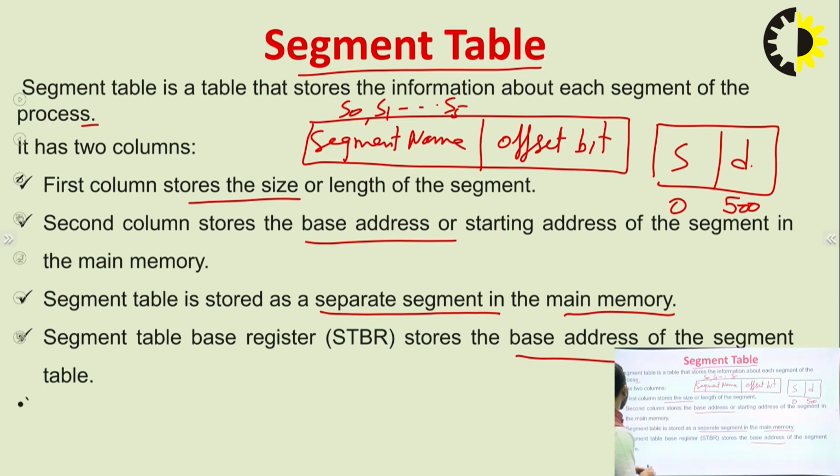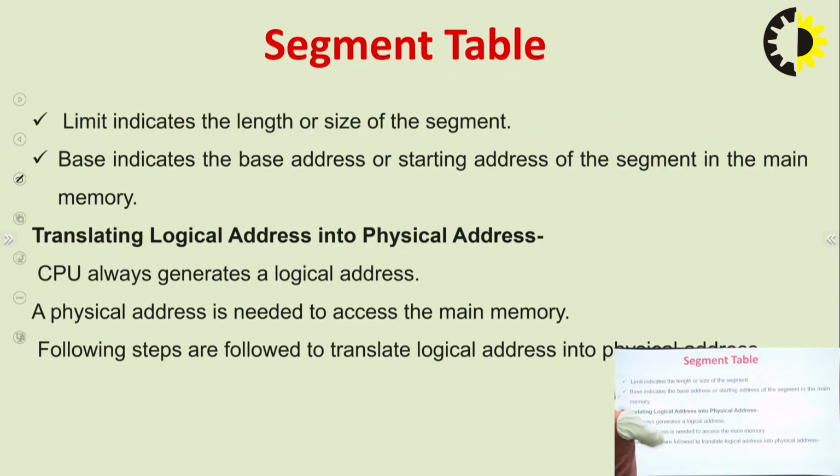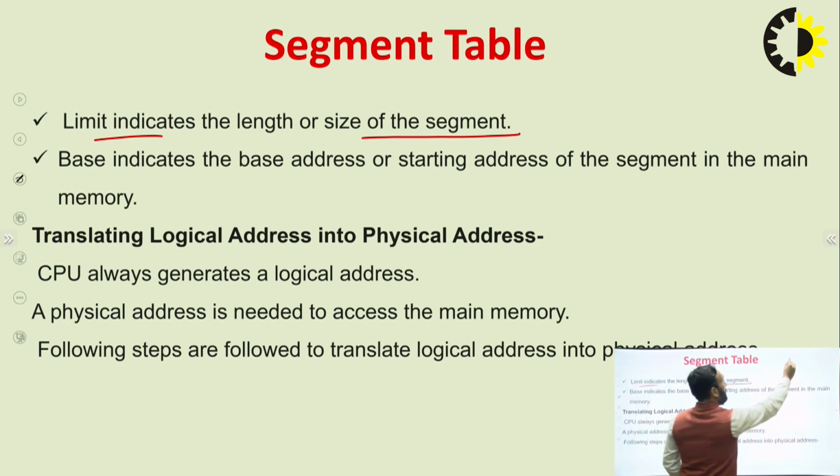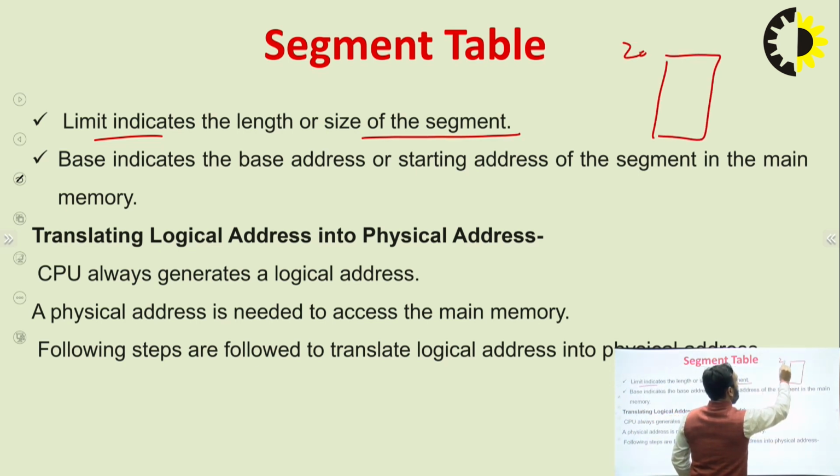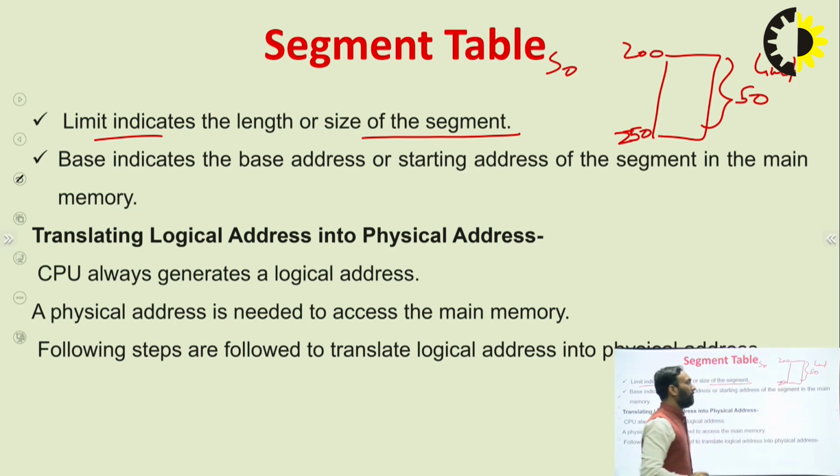Now we have an example of the same. As I said in the previous slide, the limit indicates the length and size of the segment. For example, segment 0 starts from 200 and its limit is 50, so S0 will lie up to address 250, and after that the next segment may be stored in main memory.